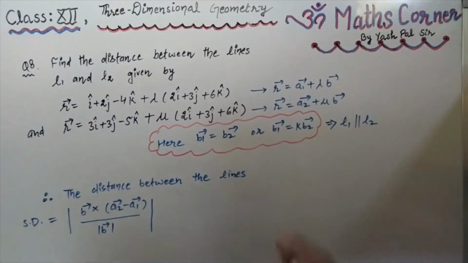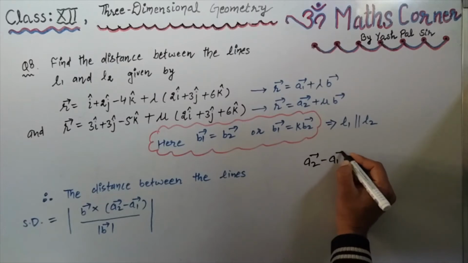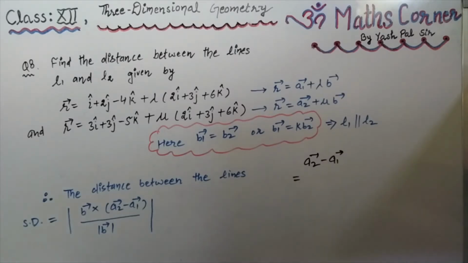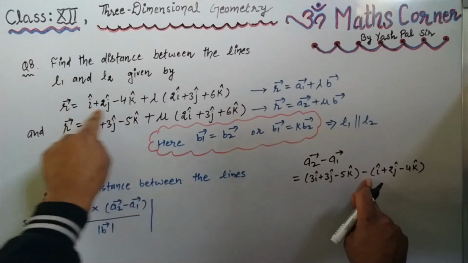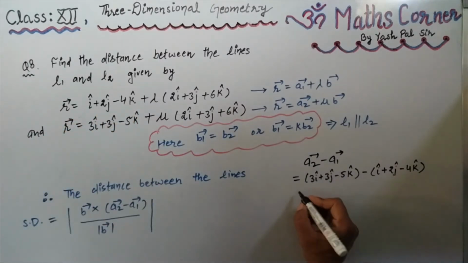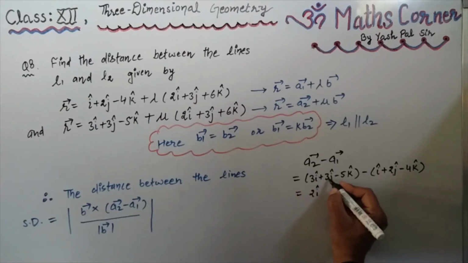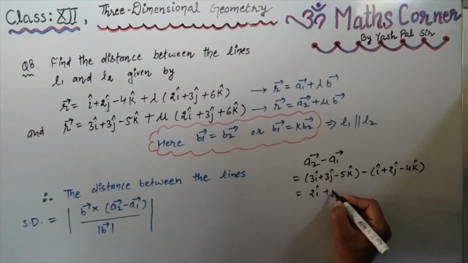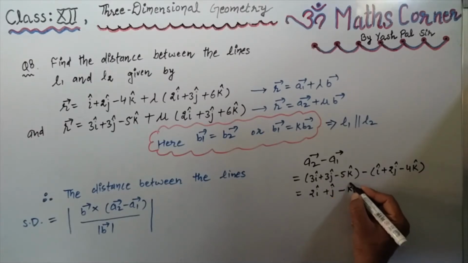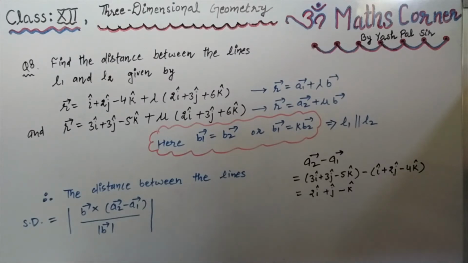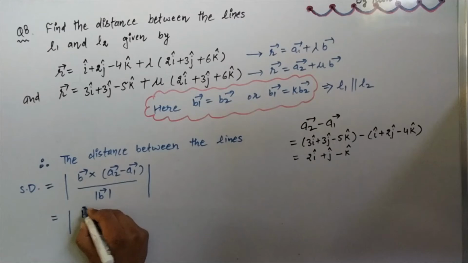First of all, what is a2 minus a1? a2 is this vector, a1 is this vector. So the result is 3 minus 1 is 2i, 3 minus 2 is 1j, minus 5 plus 4 is minus k.